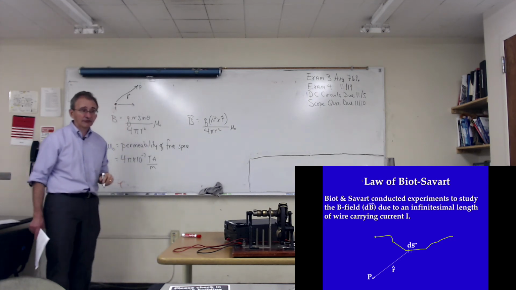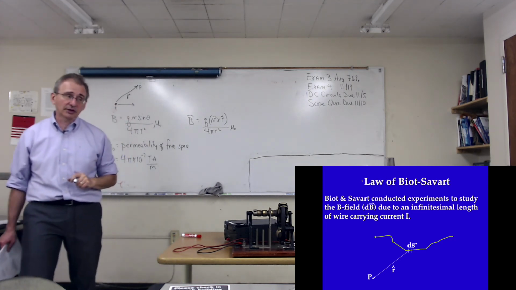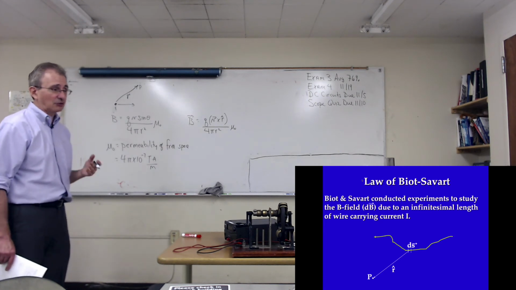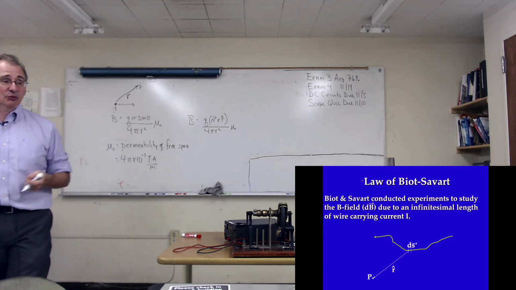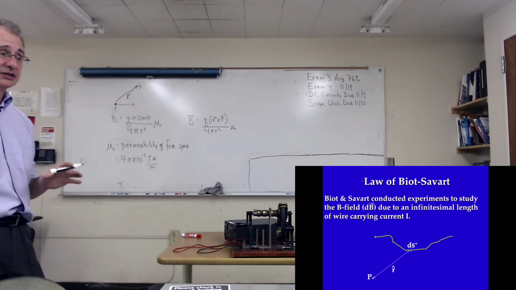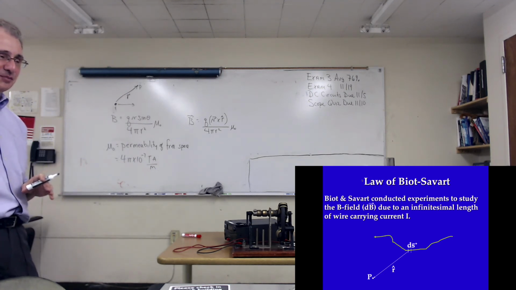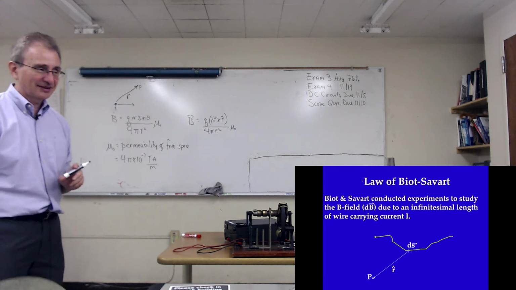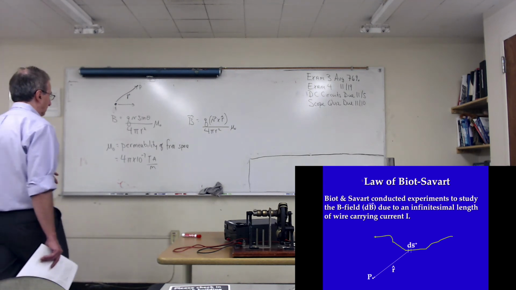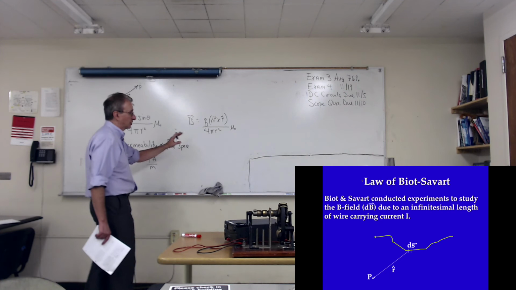That's our r hat vector. It's the same r hat vector we use for the electric field. So we're going to be learning how to calculate magnetic fields just like we calculate electric fields. But I think these are going to be a little bit easier for you, in part because there are fewer problems I can have you solve, because the geometry gets difficult. So this is the field due to a charge.